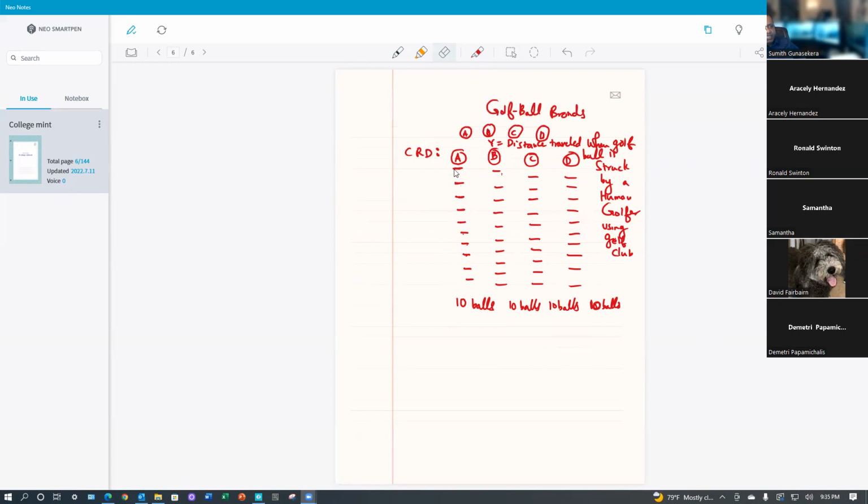But there is some issue coming over here, because when it comes to the golfers, their skills are going to affect it. This is not the same person who is going to hit on brand B or C or D. They just focus on this one ball only.